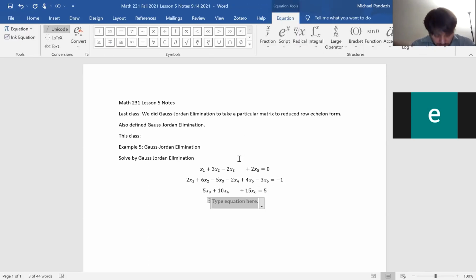And 2x1 plus 6x2 plus 8x4 plus 4x5 plus 18x6 is equal to 6. This is our linear system.